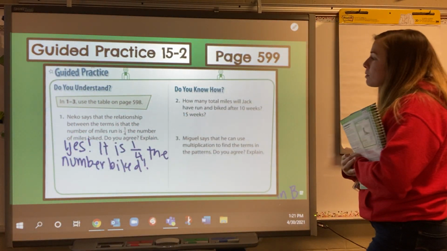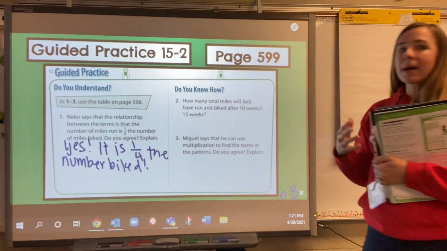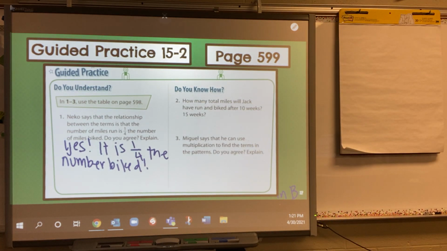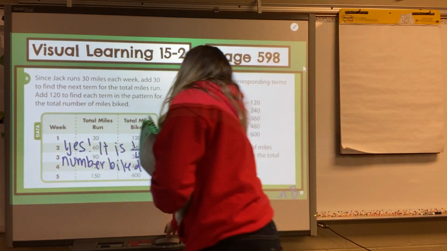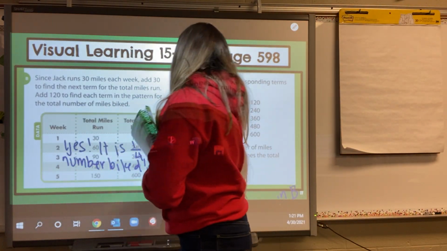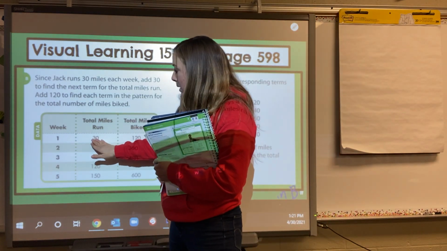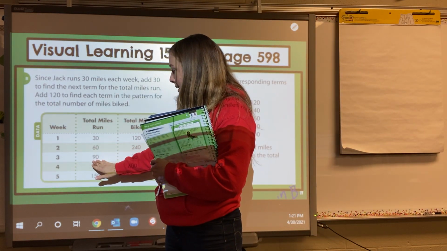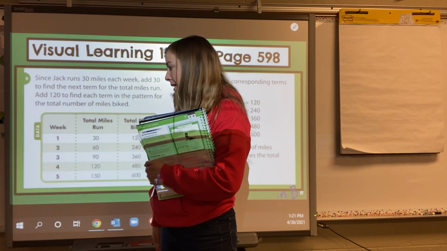Alrighty, how many total miles will Jack have run and biked after 10 weeks? So here is where we might want to start finding a pattern, because building the charts up and up and up is going to make it a longer process. So if we look at what an equation could be to help us solve, well, in 1 week that's 30, 2 weeks 60, 3 weeks 90. So if I take the number of weeks times 30, I get my answer there.